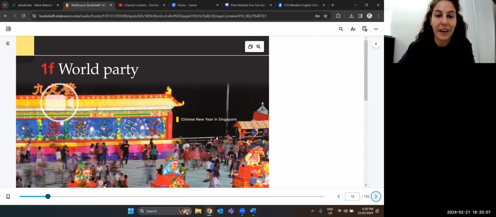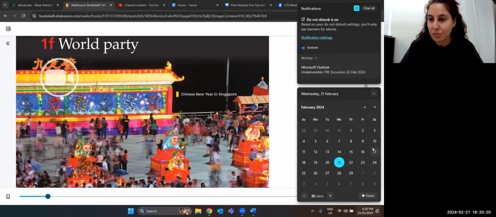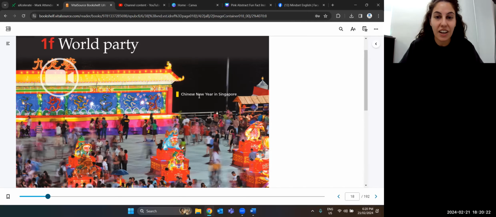So now let's get into talking about World Party. We can see here the Chinese New Year in Singapore. As we know, we just had the Chinese New Year in Australia, I think last weekend or the weekend before. So this is the Chinese New Year in Singapore. Remember we used the word "in". It's a preposition, one of these short words that show us location.